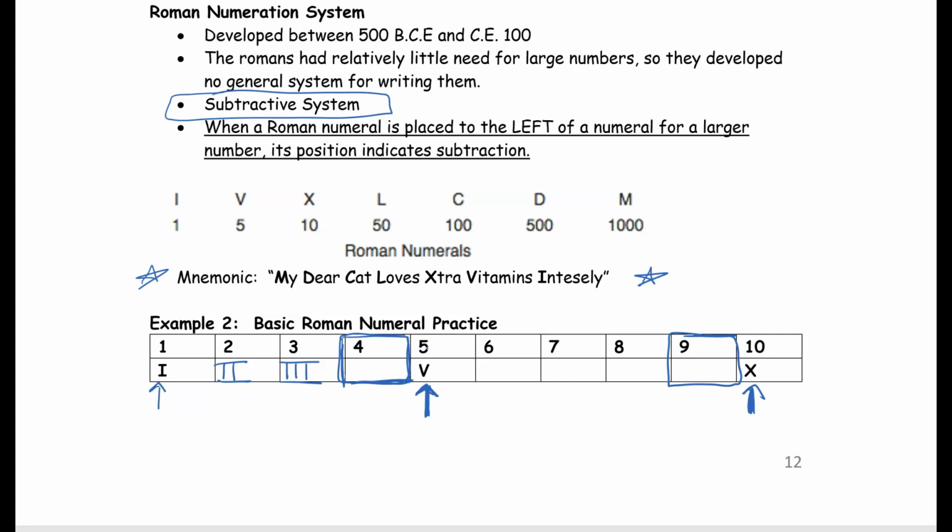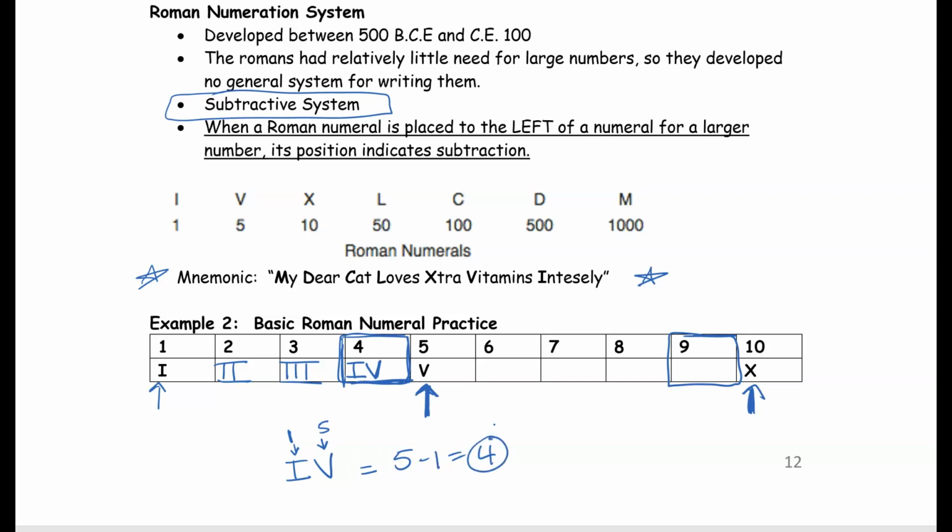Well, you take 5 and you subtract 1. And the way that you write that is you write the symbol for 1 first, and then the symbol for 5. So IV, this is 1 and this is 5, tells you to take 5 and subtract 1, and then you get 4.